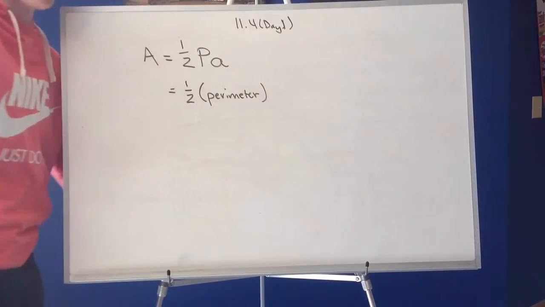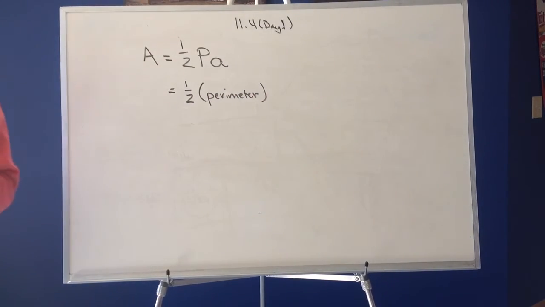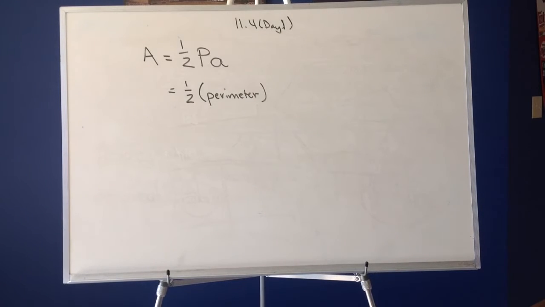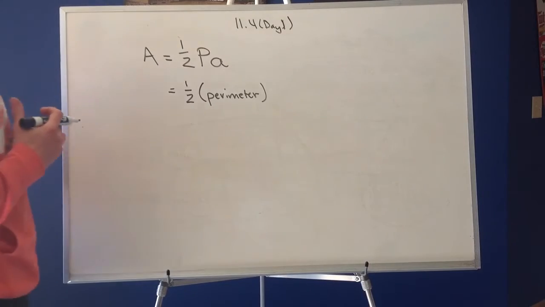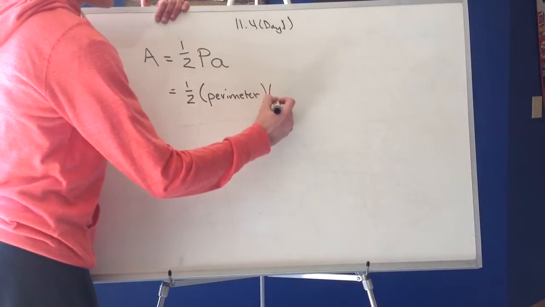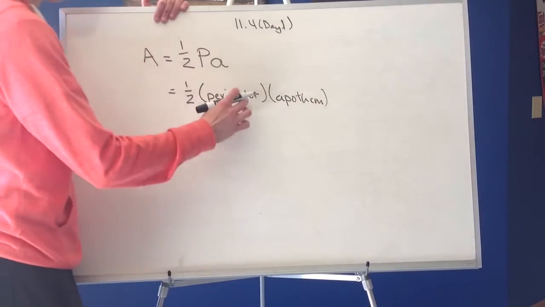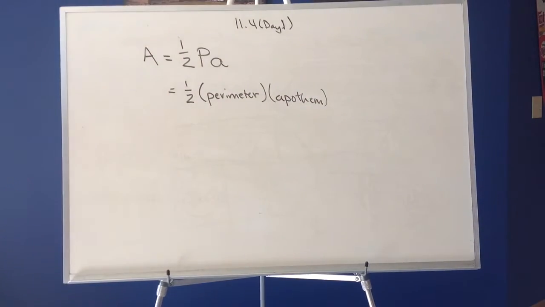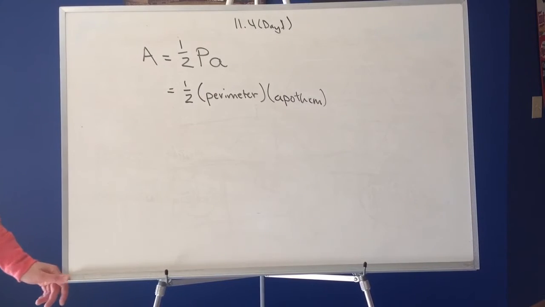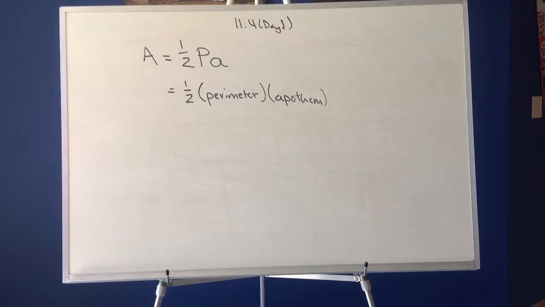We're going to be drawing triangles inside of these shapes, but when it talks about perimeter, it's talking about the big original shape, not the little triangles we're putting on the inside. The A stands for the apothem. So the two things you need to always find are perimeter and apothem. Now there is a little bit of a pattern we're going to go through with these, as you'll see here in a second.